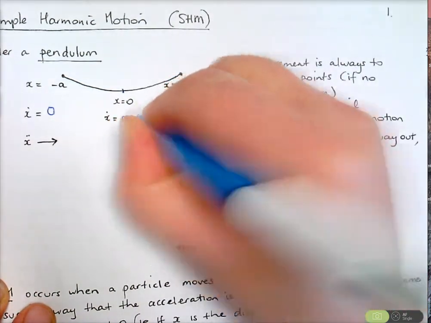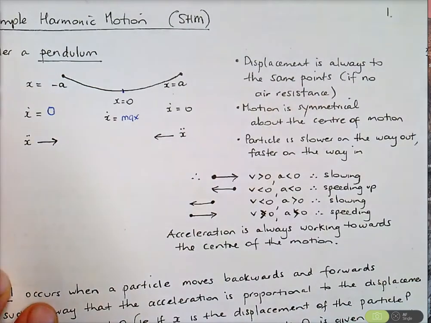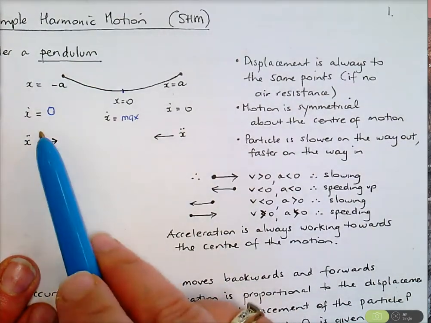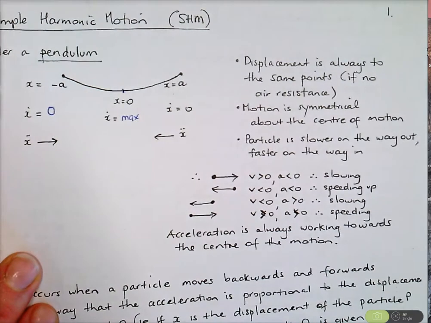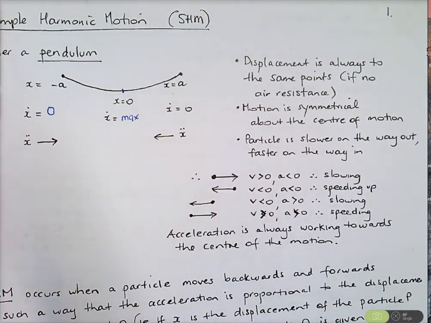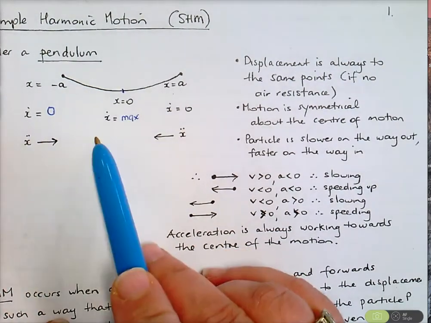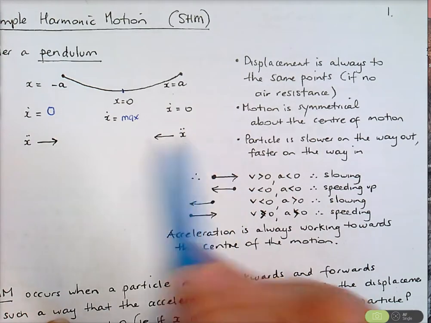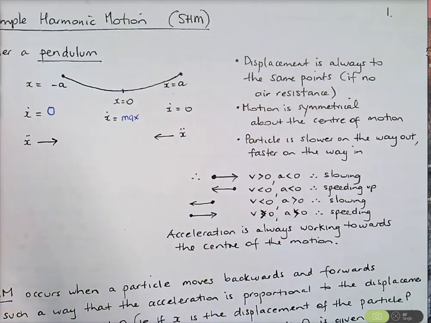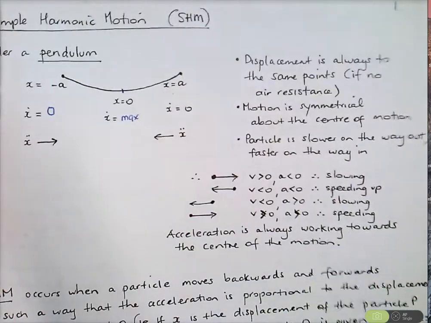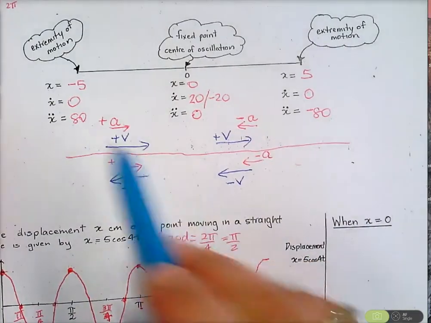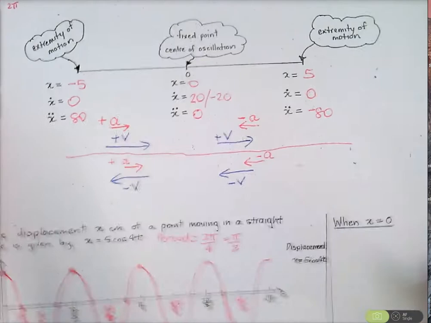I'm just going to put maximum. And acceleration, x double dot, is always acting towards the centre. Always. So if you're on the left, it's acting to the right. And if you're on the right, it's acting to the left. Acceleration is always acting towards the centre. We did that here, look. Acceleration there, there, acceleration there, there.